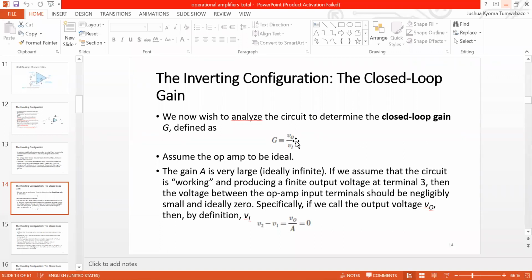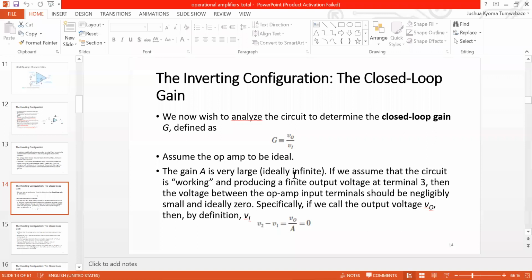Then in order to do the analysis, we need to assume that the op-amp is ideal. So we take on all those characteristics: an infinite open loop gain A, an infinite input impedance, and a zero output impedance, okay?